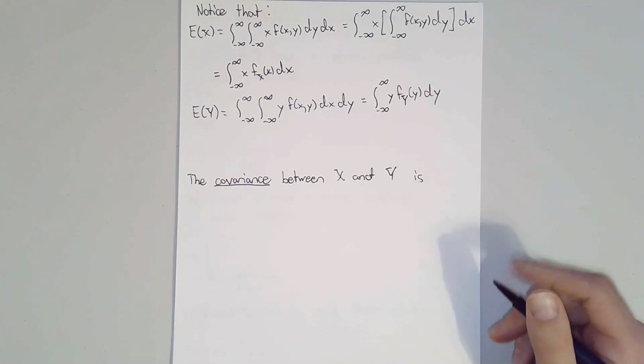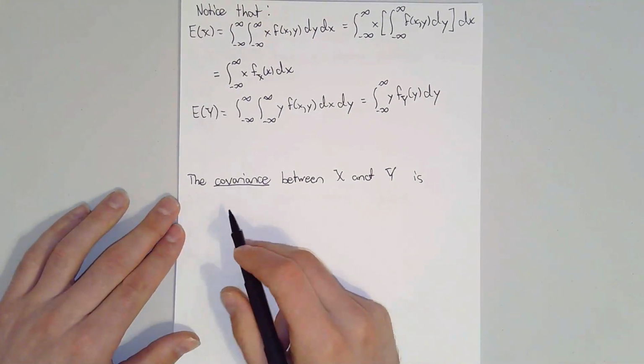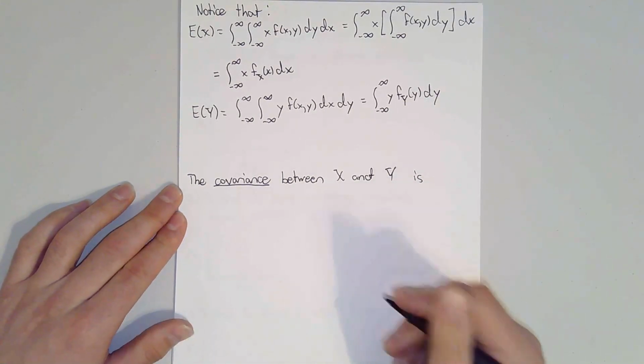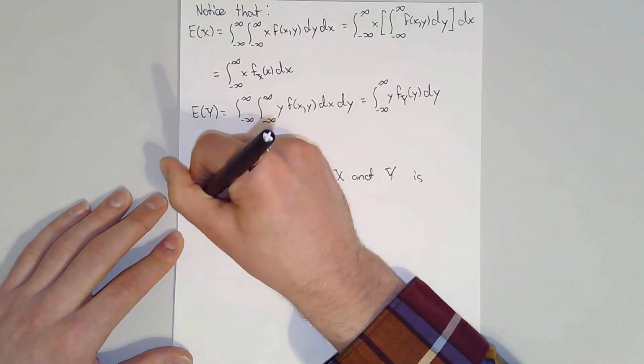So with these things in mind, we can now define the following. The covariance between the random variables capital X and capital Y is given by the following quantity.